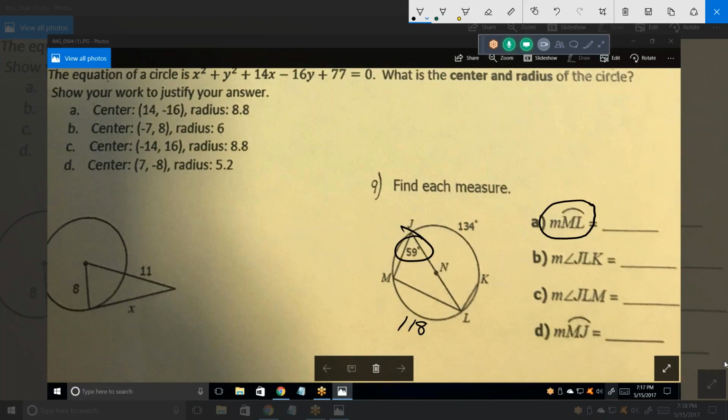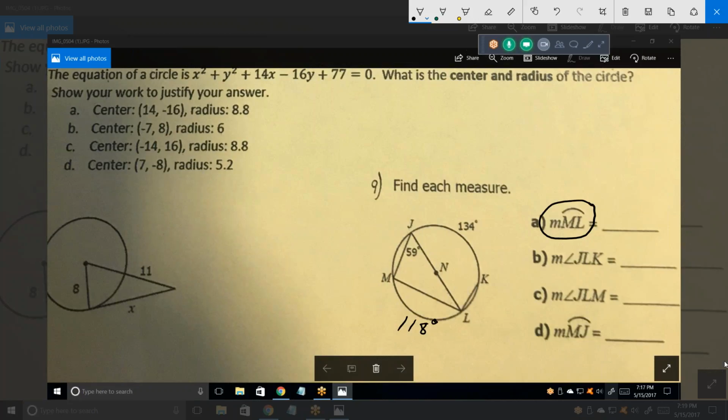If it comes from the center, it's always the same. In other words, if I were to draw that, that's 118 degrees right there. You with me? That's the two most important things to know about these. If it comes from the center, it's the same. If it comes from the edge, it's twice.